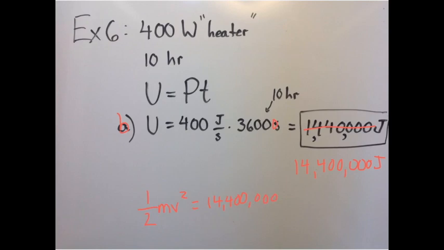Now, just kind of for fun, how much energy is that anyway? Well, if this were, say, the kinetic energy of something like a car, then we would get a speed of 120 meters per second. I'll let you convert that to miles per hour, just for perspective. When you start getting into the energy used by appliances, you do start to get some pretty crazy answers like this.